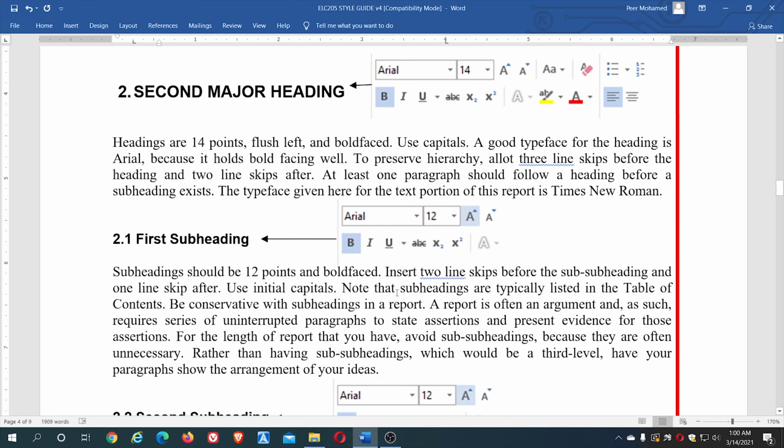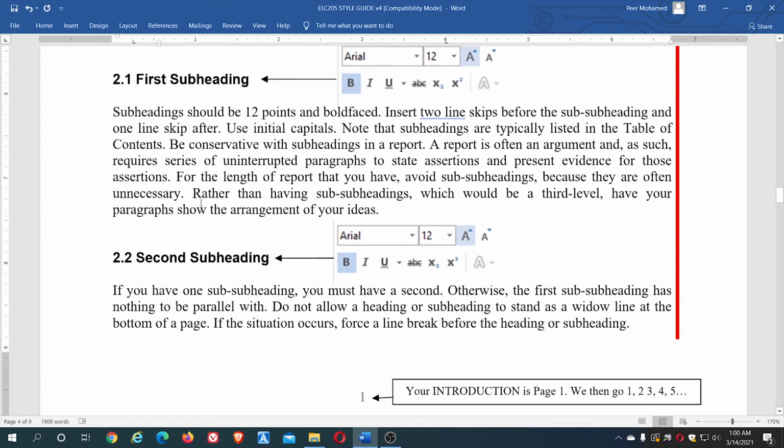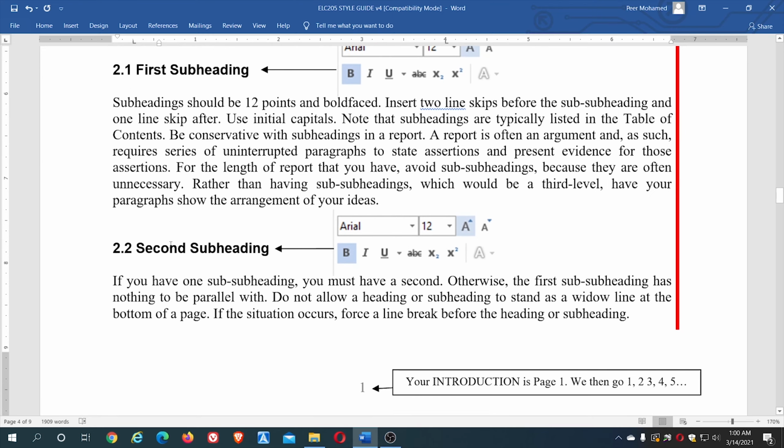So already we discussed this when I was telling about the table of contents. You can see here this is the second chapter, or you can say second major heading, and then the subheading comes in 2.1. So you can mention what the subpoints are here. 2.2.